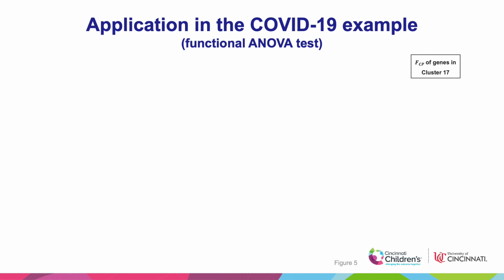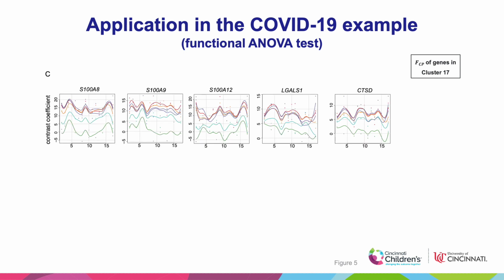Furthermore, we tried to prioritize disease-associated temporal genes using functional ANOVA test. So here are 5 genes prioritized by functional ANOVA test between the mild COVID-19 disease and the severe infection disease.